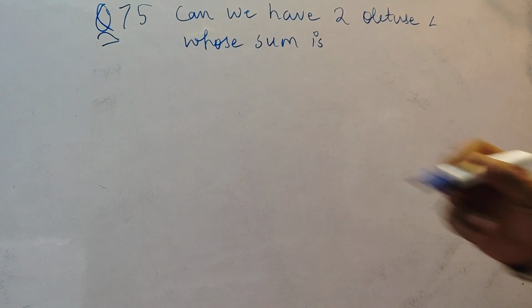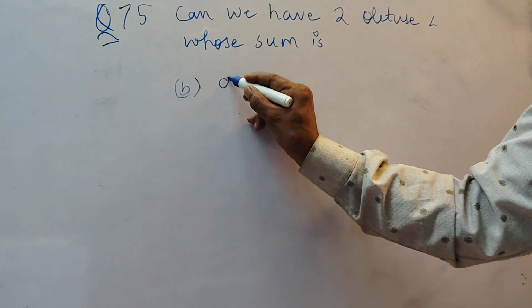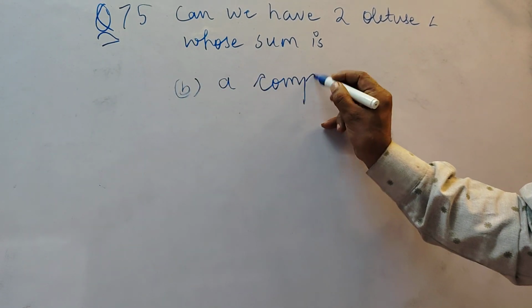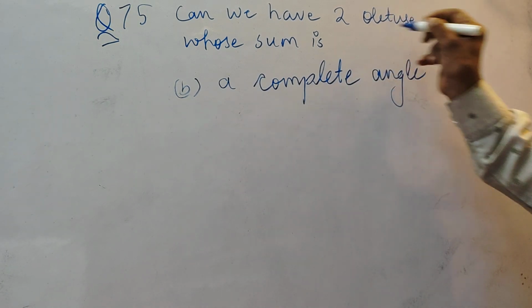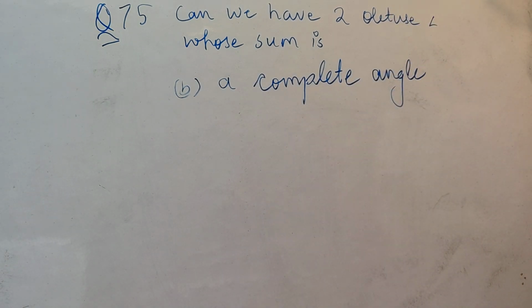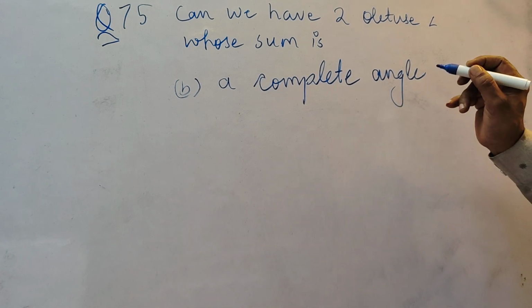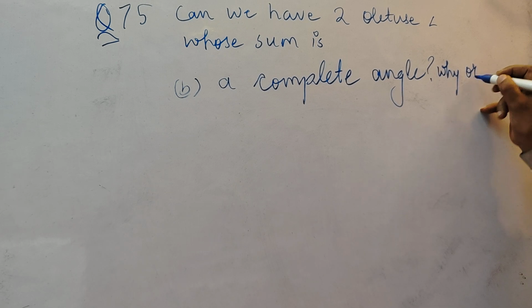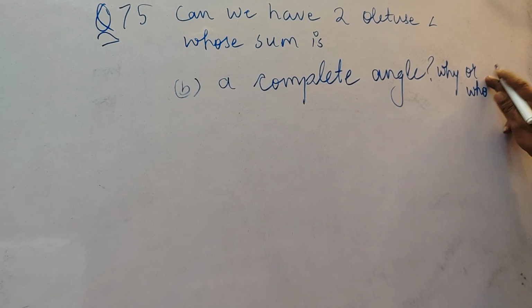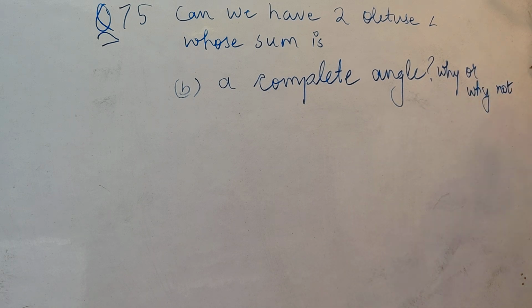A complete angle, so 360. Two obtuse angles whose sum is a complete angle. Is it possible to get a complete angle?